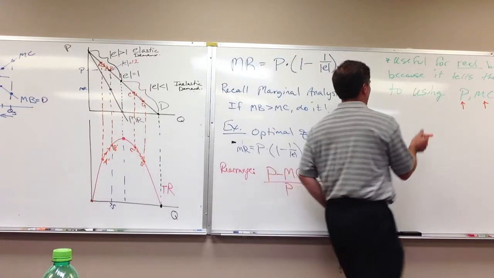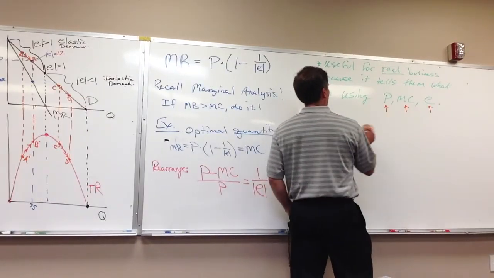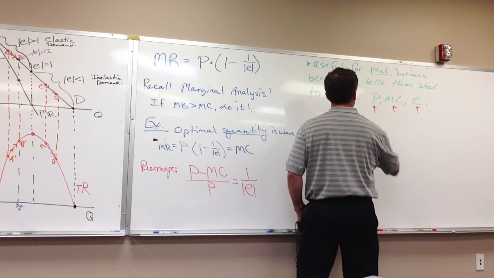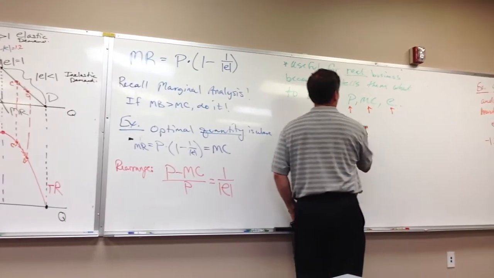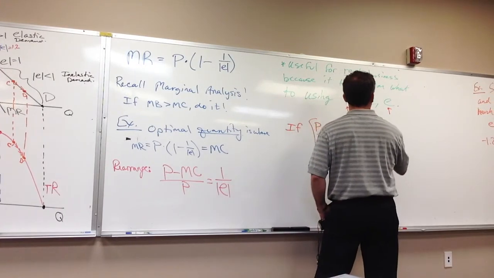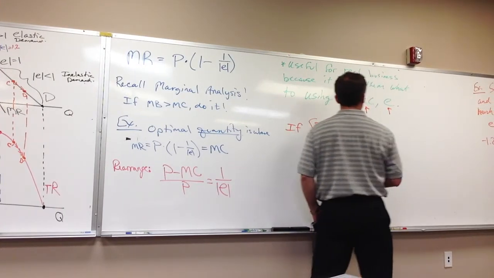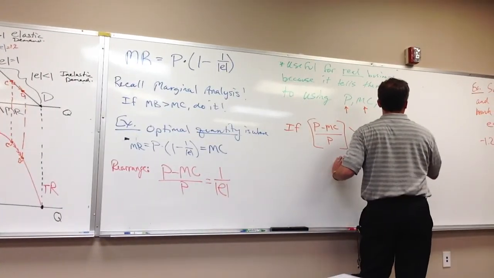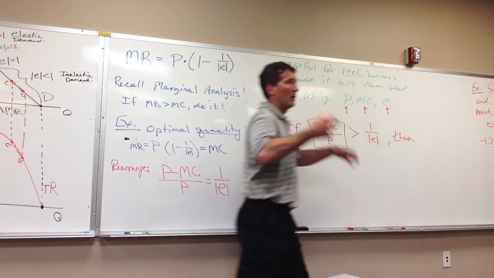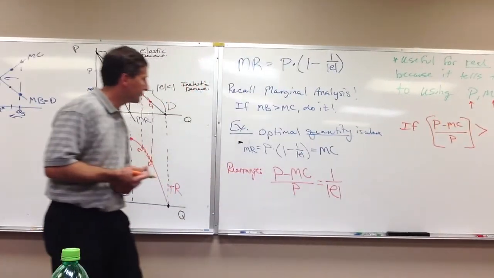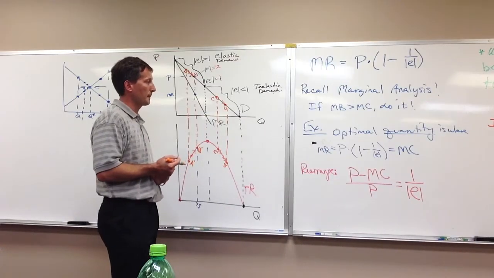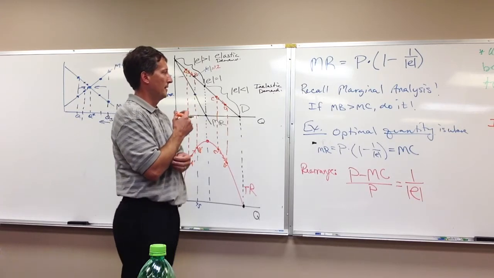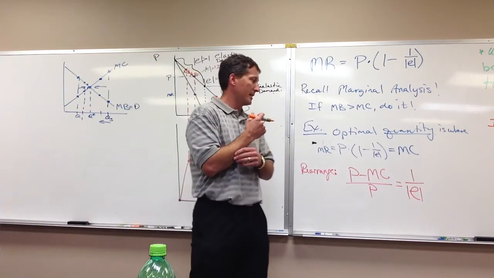So if the price minus the marginal cost over the price is greater than 1 over the absolute value of the elasticity, if that is true, then what advice do you give them? What advice do you give them?